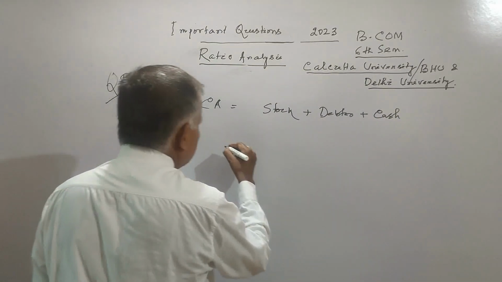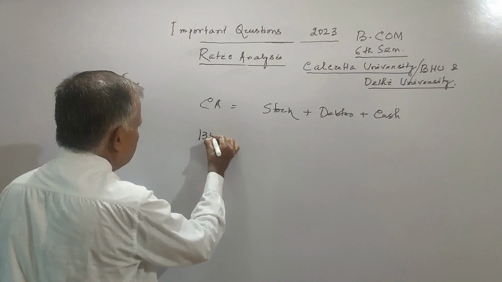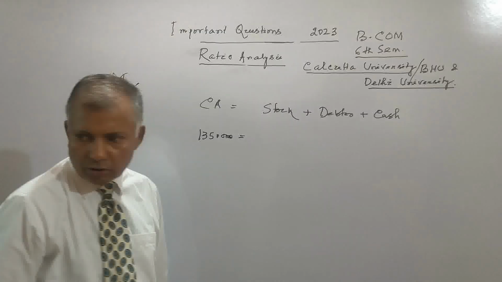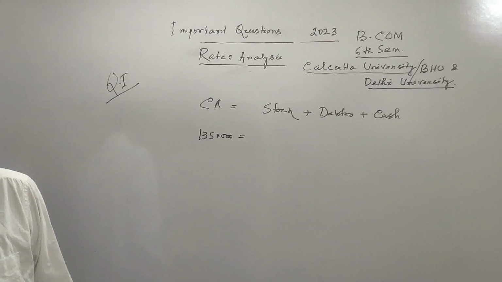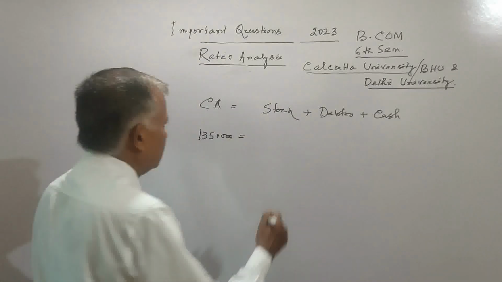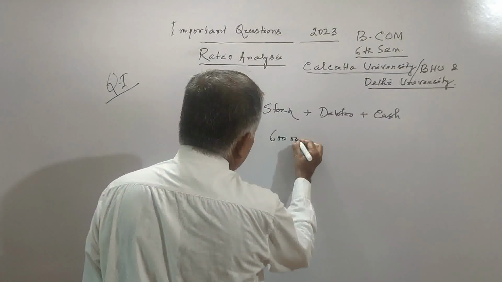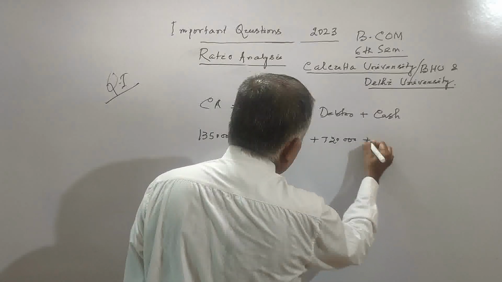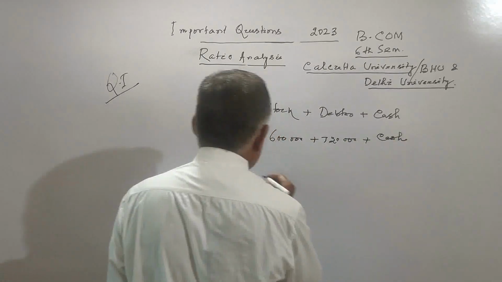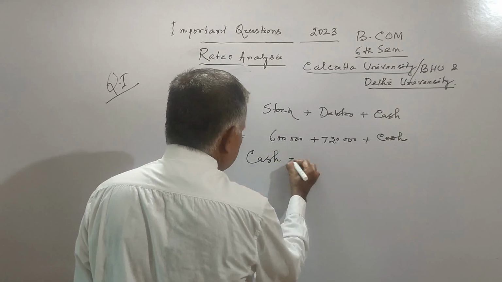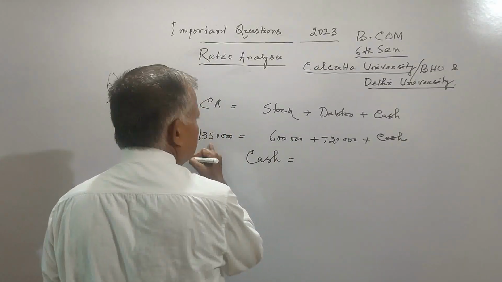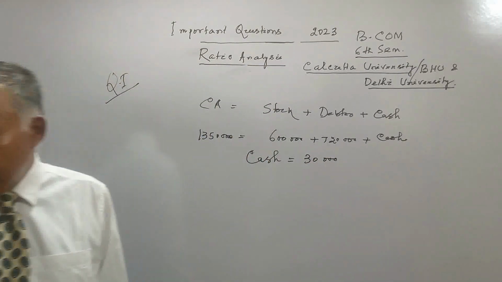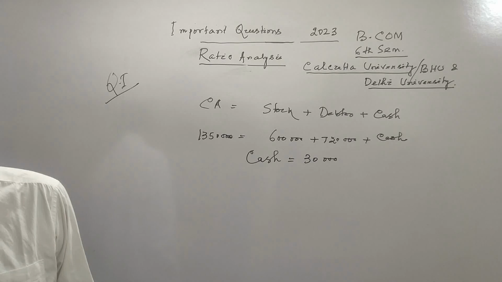Current asset, as we know, is 13,50,000. Inventory is 6 lakh. Debtor 7,20,000. And the balancing figure is cash. So cash is 30,000. So 30,000 will be your cash and bank.